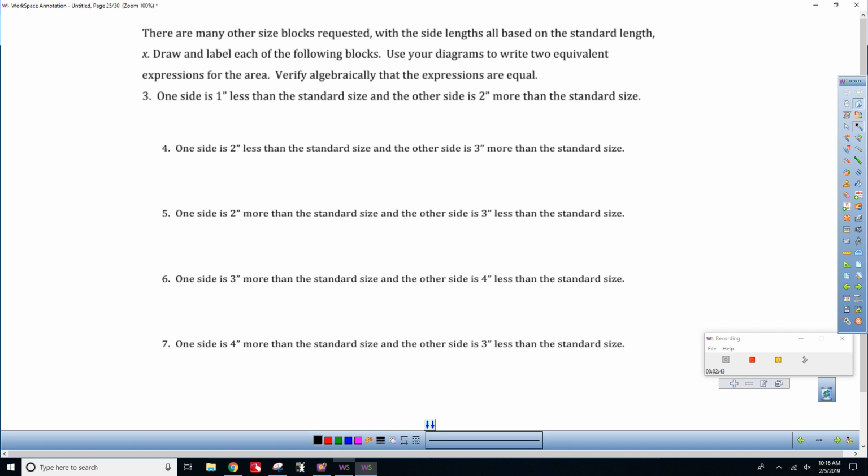One side is 1 inch less, and the other side is 2 inches more. So this side is X minus 1, and this side is X plus 2, right? And keep in mind, the actual block, these are gone.